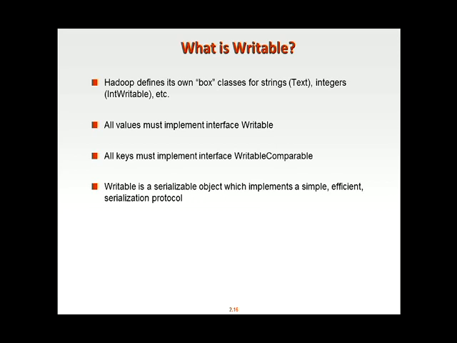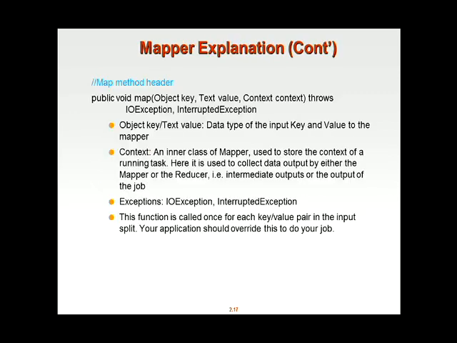So the keys must be comparable as well, but values could just be Writable. Writable means that they can be written to HDFS by Hadoop MapReduce. So Writable is a serializable object which implements a simple, efficient serialization protocol provided by Hadoop MapReduce for us to use. Okay, so that's for the header.